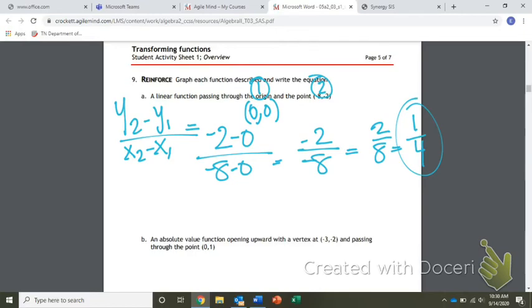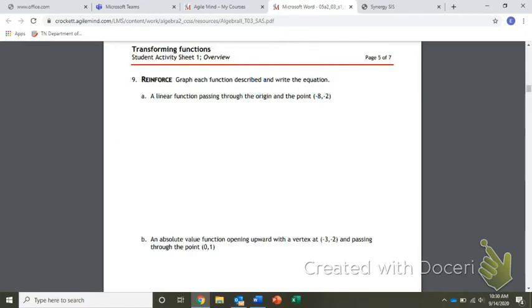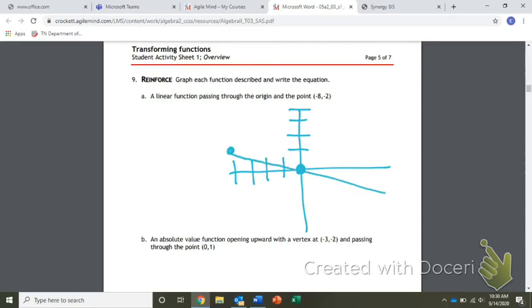So now I am going to erase this, and I'm going to graph these points. So I have one at 0, 0. And then I have one at -8, and I'm going to make my tick marks go by 2. Alright.